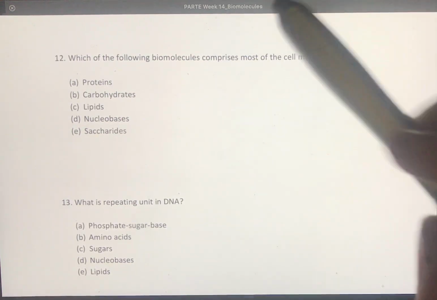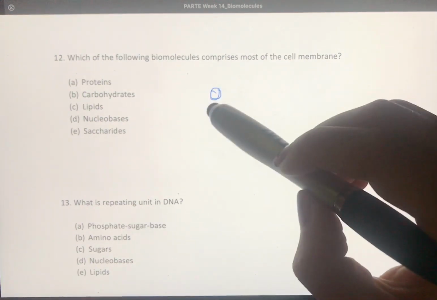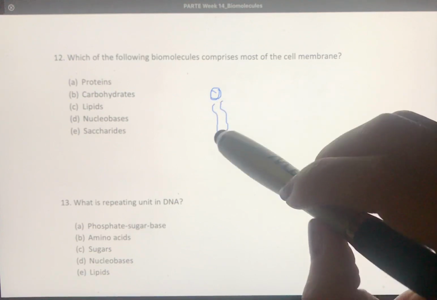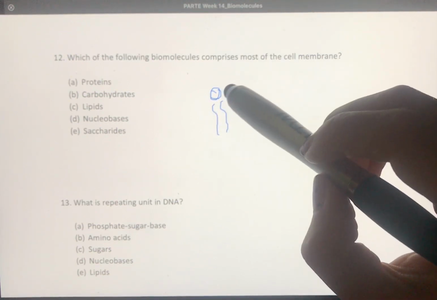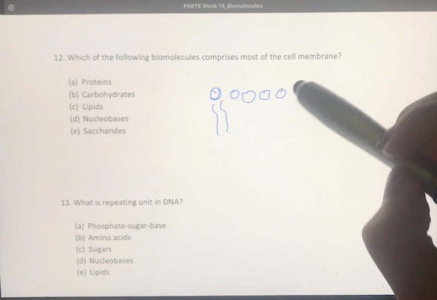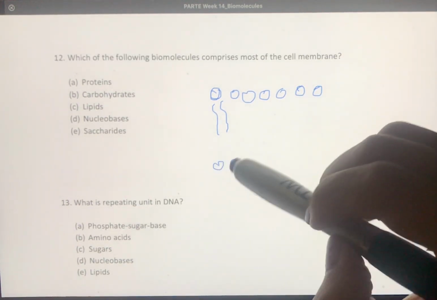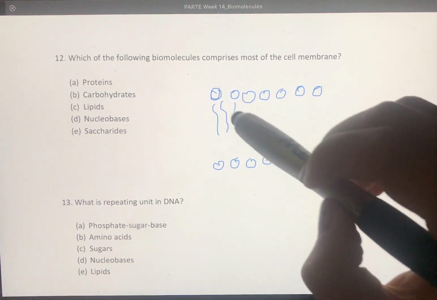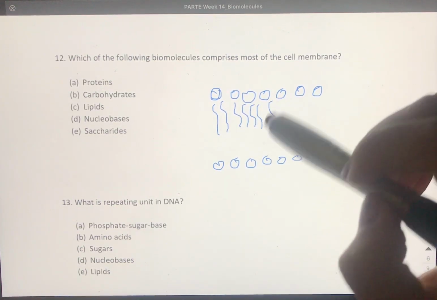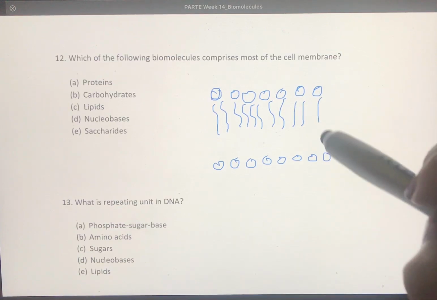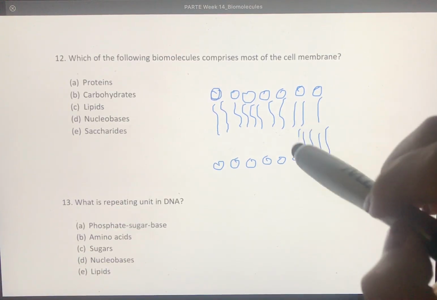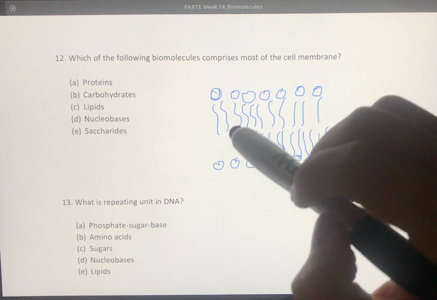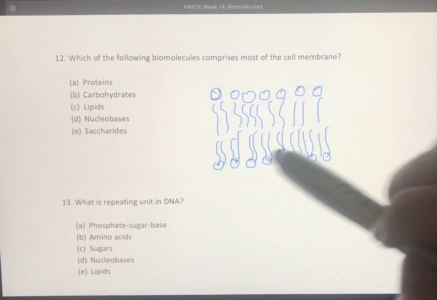As you can tell from the name, phospholipids are a polar head group with a nonpolar fatty acid chain tail, and a whole bunch of these make up the membrane in what we call a phospholipid bilayer, because it's a 2-part layer. It has 2 layers that are kind of opposite each other.